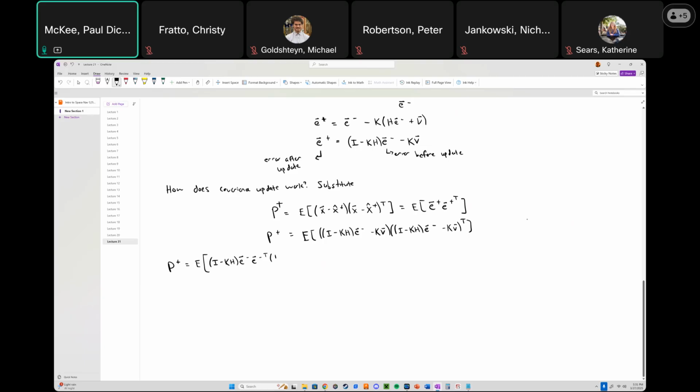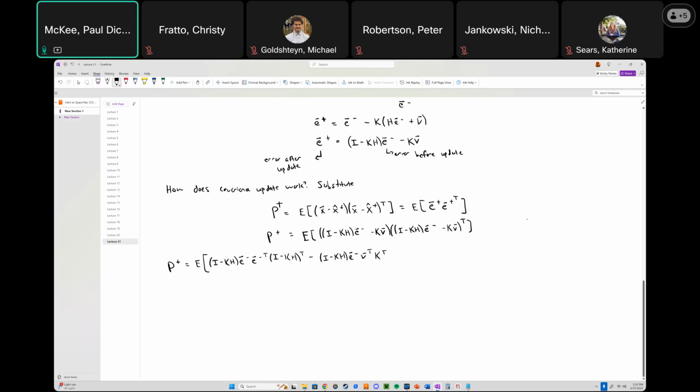Let's see, this should be transpose, and then I minus KH transpose, and there's our first term. And then we've got our inner and our outer terms, right? So we're going to get I minus KH E minus, and then nu transpose K transpose.